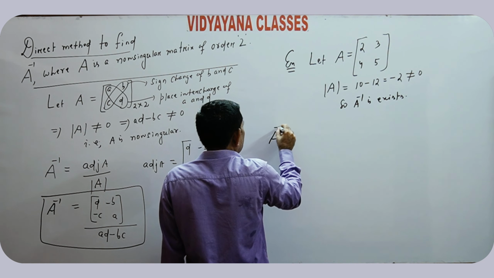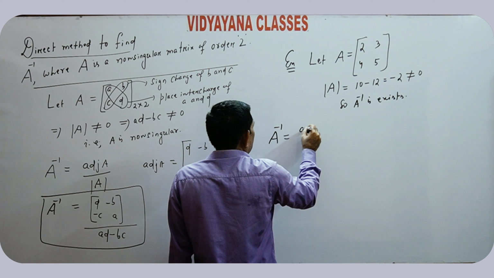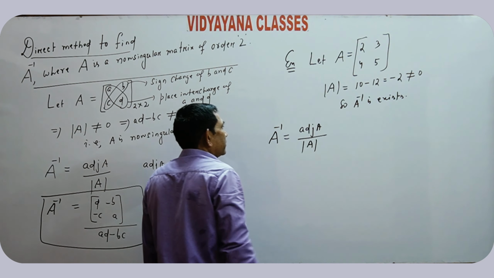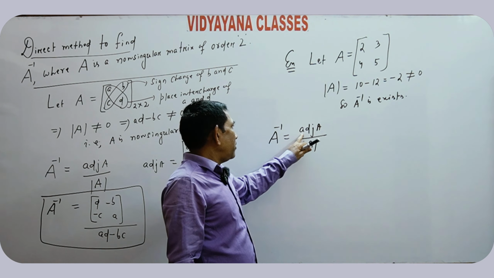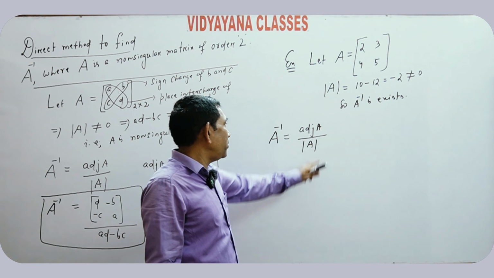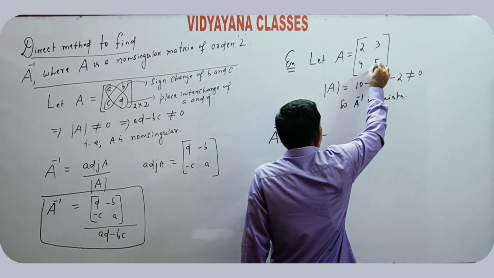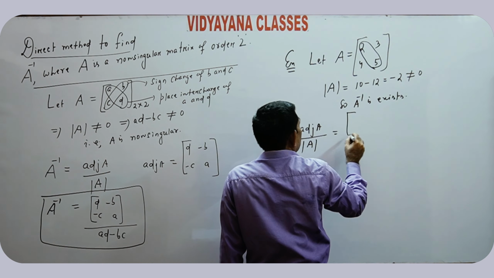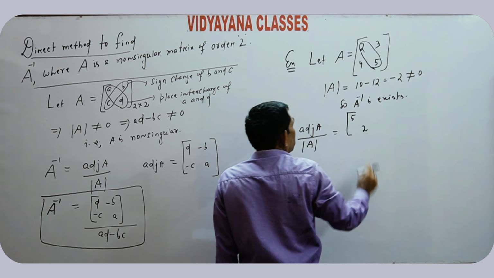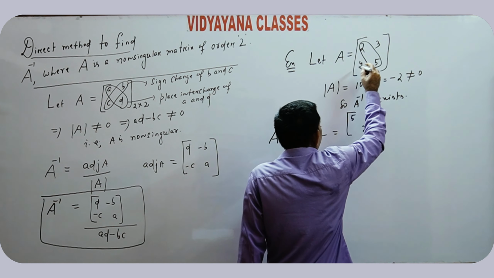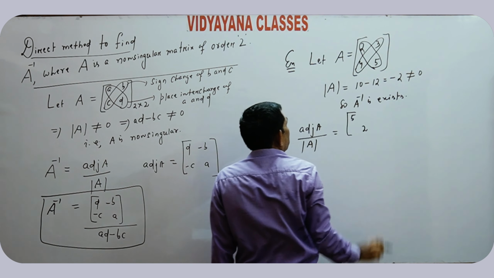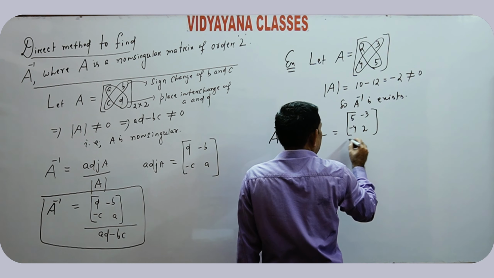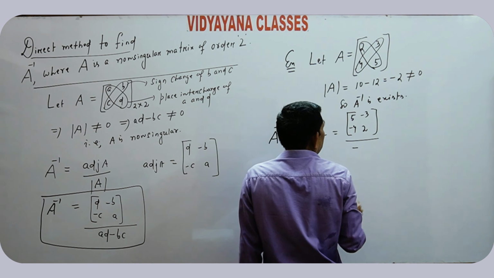A inverse is defined by adjoint of A divided by A determinant. By the direct method, we can find out adjoint of A: place interchange of 2 and 5 gives 5, 2. Sign change of 3 and 4: minus 3, minus 4. Divided by A determinant, which is minus 2.